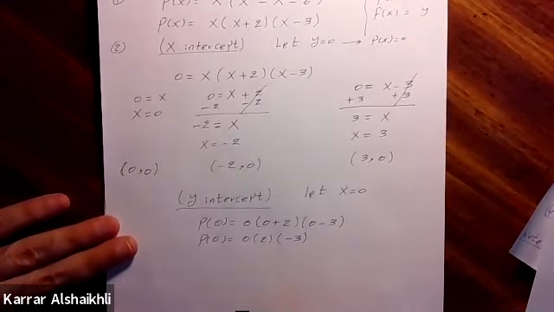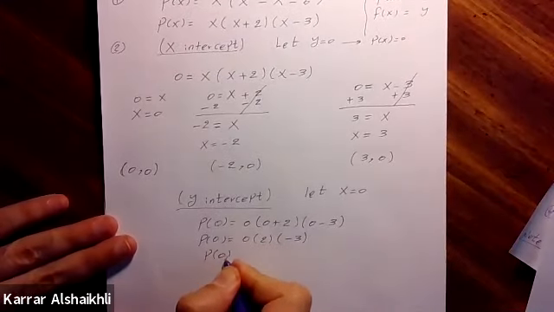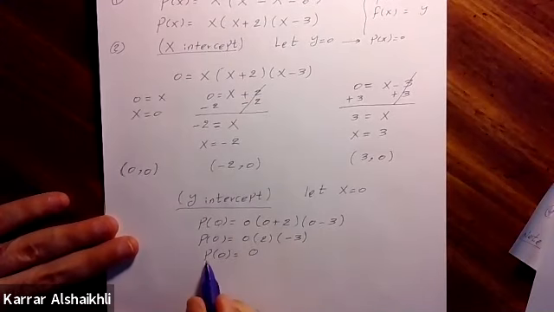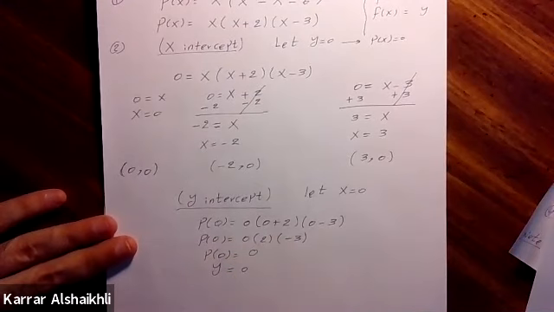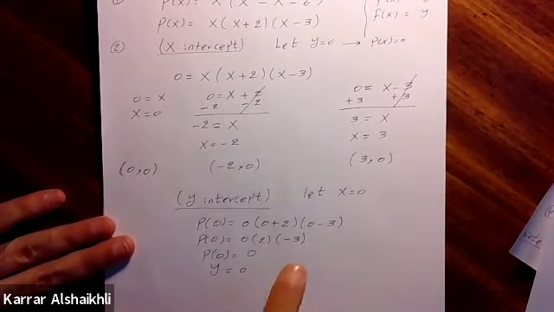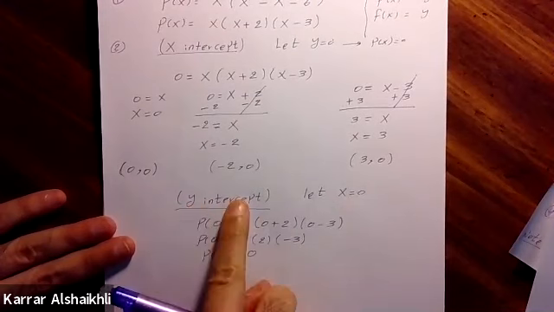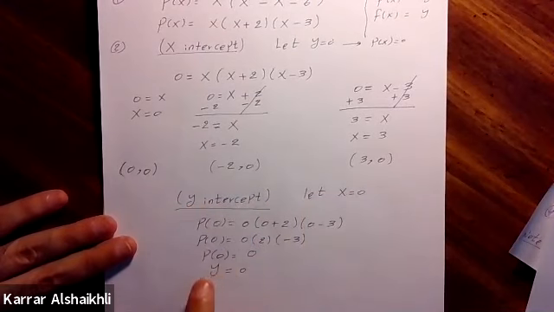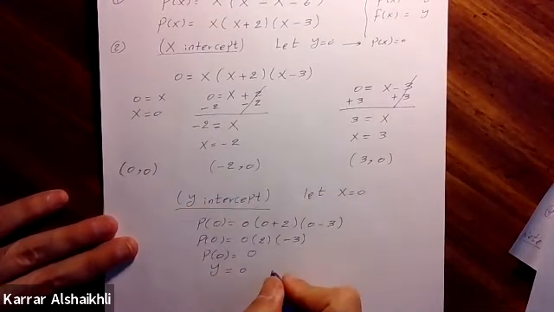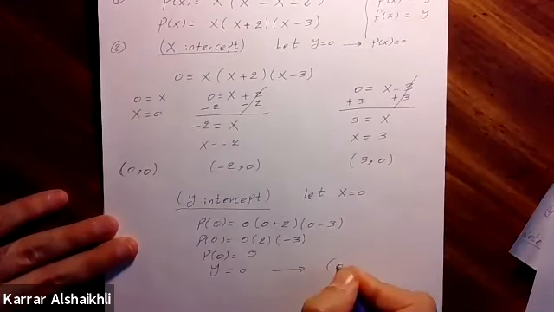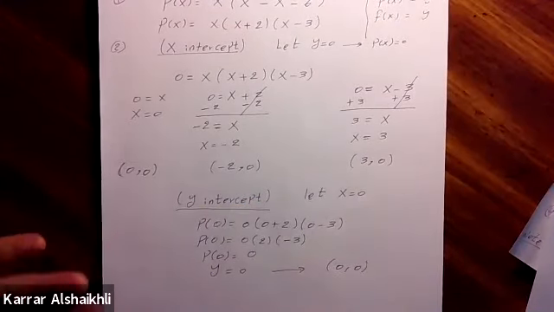That means P of 0 is going to be 0. P of any number is the y. That means y equals 0. X equals 0, this is the y-intercept. I got y equals 0. That means the y-intercept is the point 0, 0.